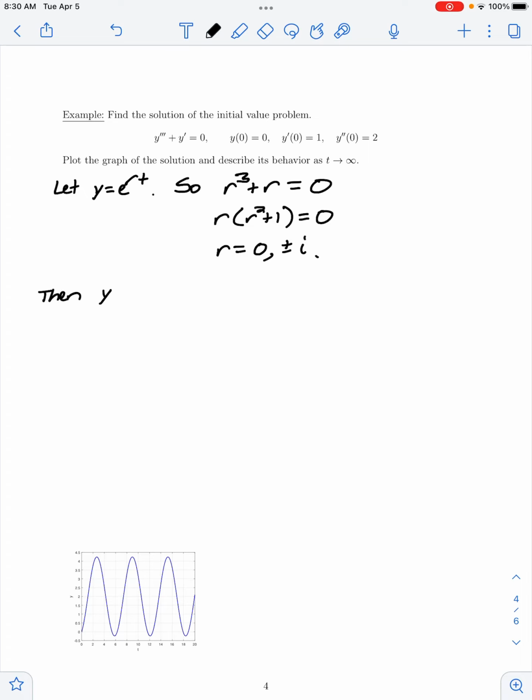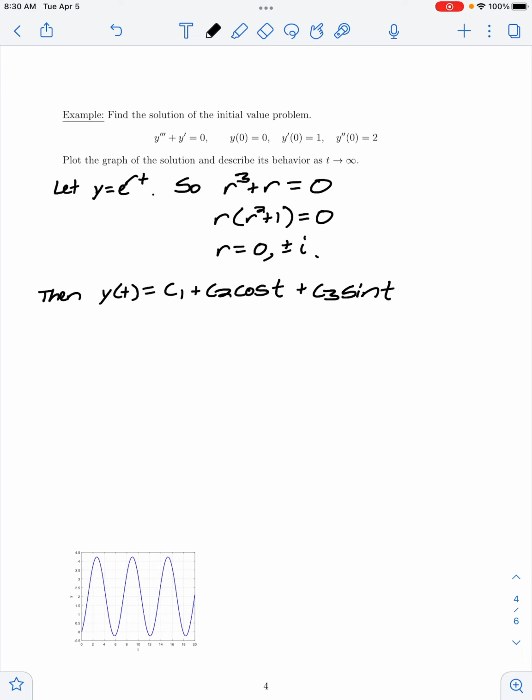So here our general solution would be of the form y of t is c1 plus c2 times cosine of t plus c3 sine of t. And to solve for my constants, c1, c2, and c3, I need to apply my initial conditions, which involve up through the second derivative of y.